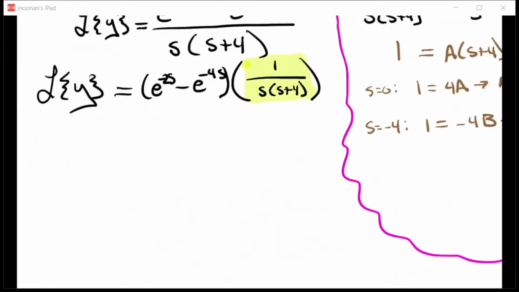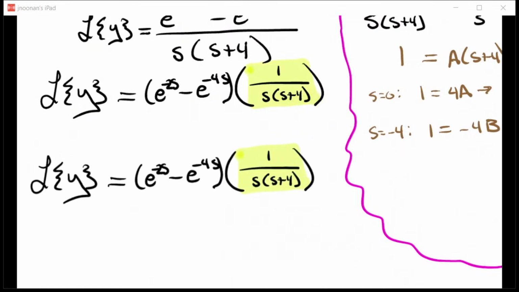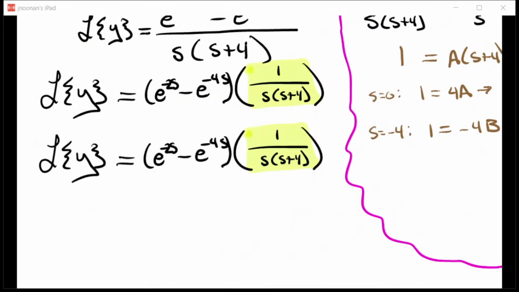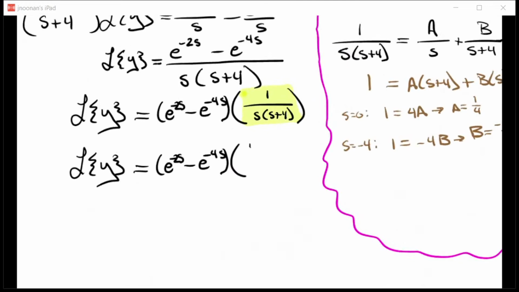So that means what I'm dealing with is this. I was going to skip a step, but I will not skip it. I'll put that step in right here. Using that, I've got 1/4 over s plus negative 1/4 over s plus 4.